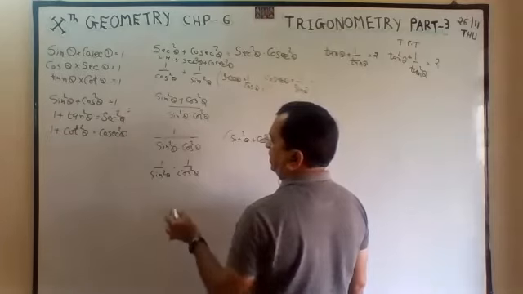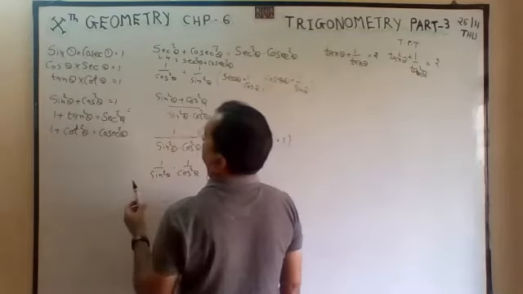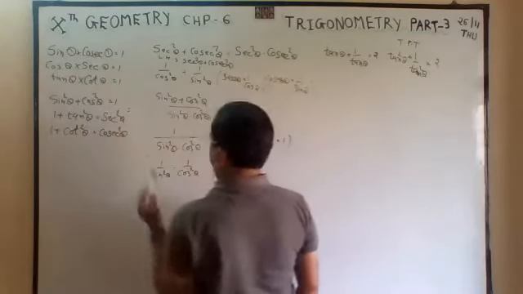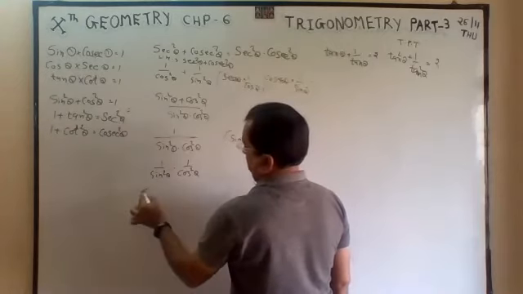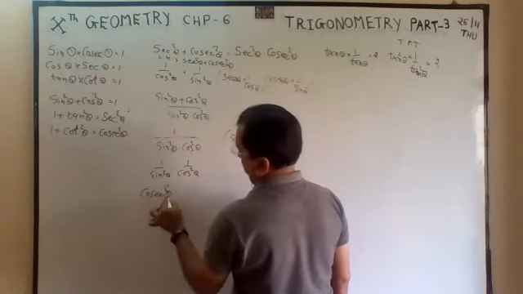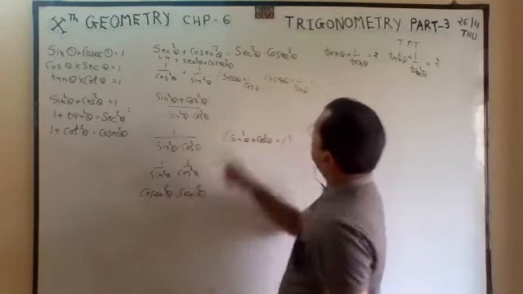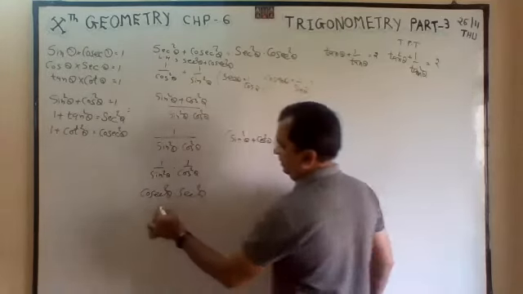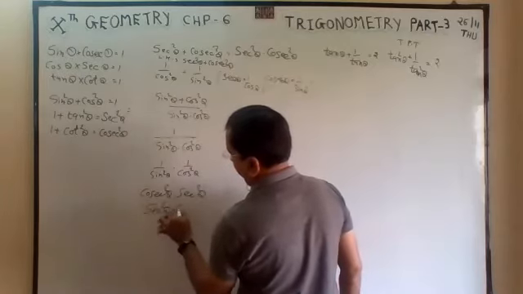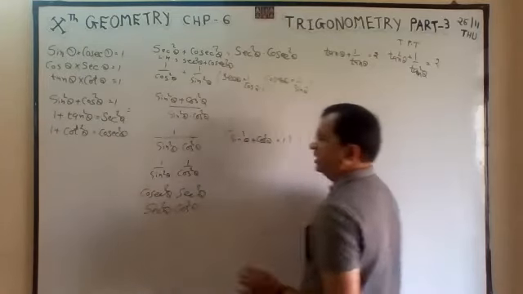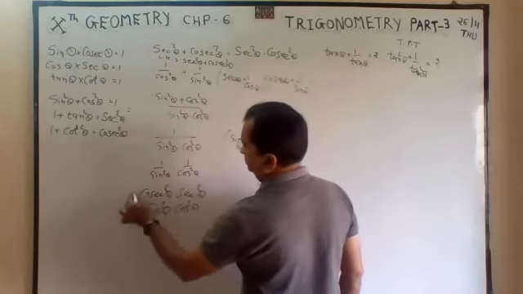Just simplify. 1 by sin is equal to cosec. Cosec square theta. 1 by cos is equal to sec. So cosec square theta sec square theta, or you can write sec square theta cosec square theta. It is proved, hence it is proved.